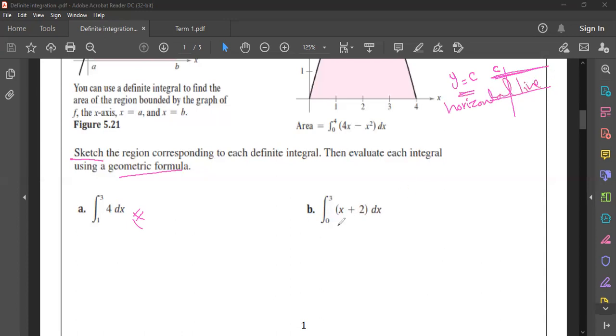For any linear function, y equal mx plus b, if the slope is positive, the position of the function will be like this one, passing through the y-intercept B. That is the sketch, not accurate.